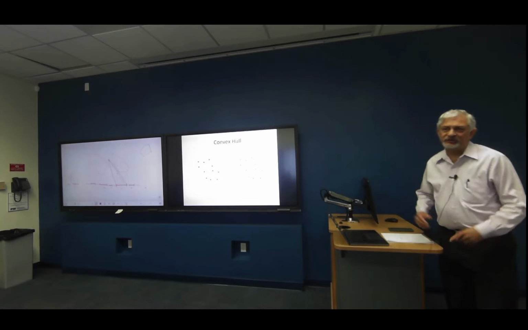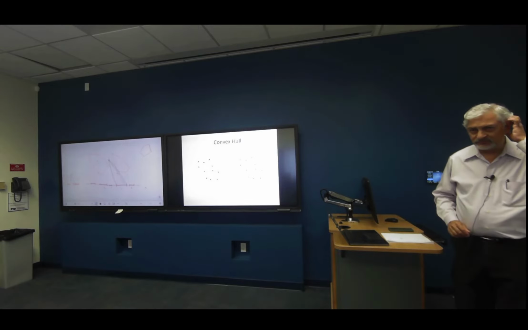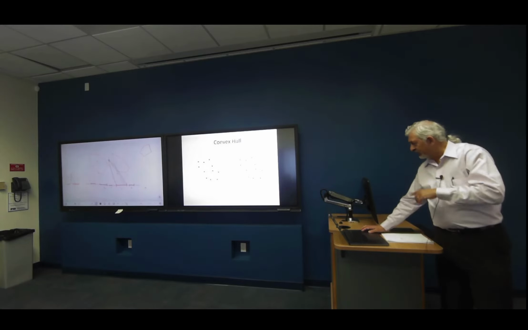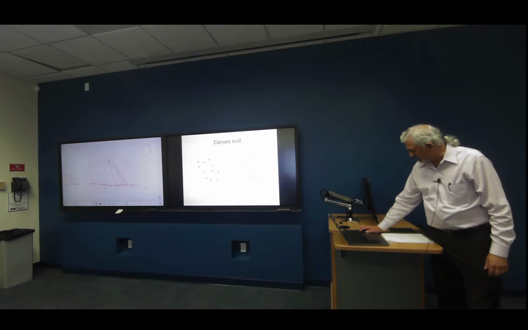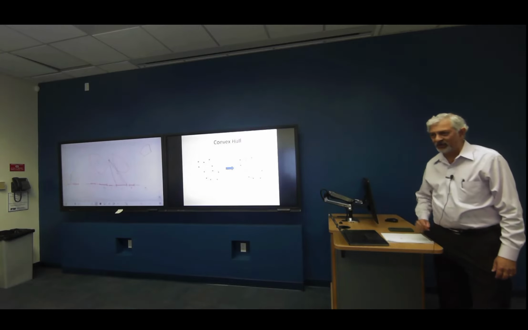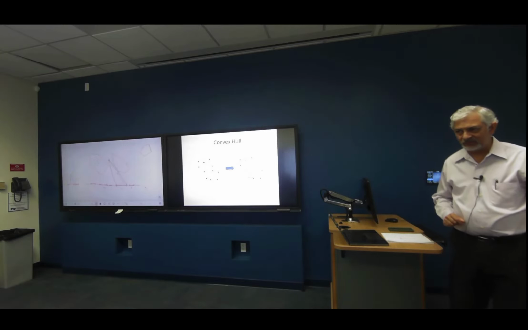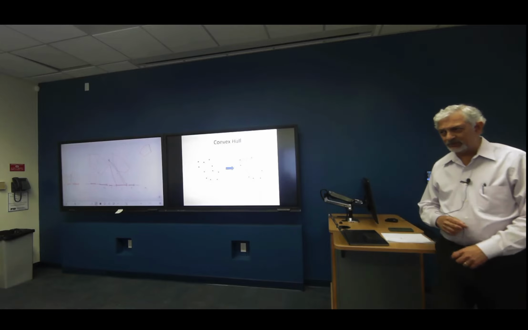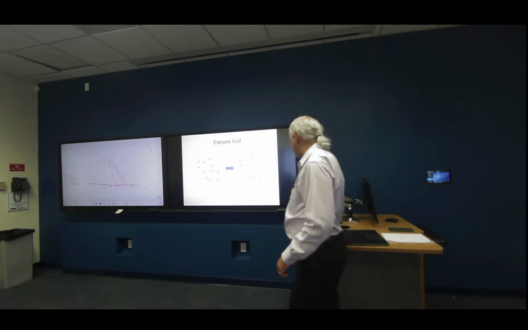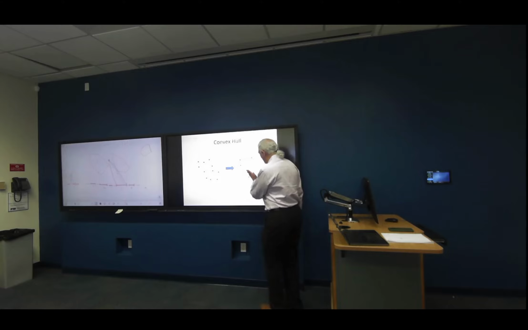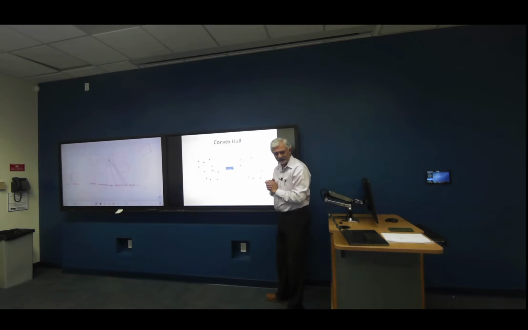So first we need to understand convex hulls. If I have a bunch of points that you see on the left-hand side, then the convex hull is that. Very, very simple. A convex hull is simply a set of lines. One way to define the convex hull is that if you take any of the sides of the convex hull and extend it to infinity, then all the points will lie on one side of the line.